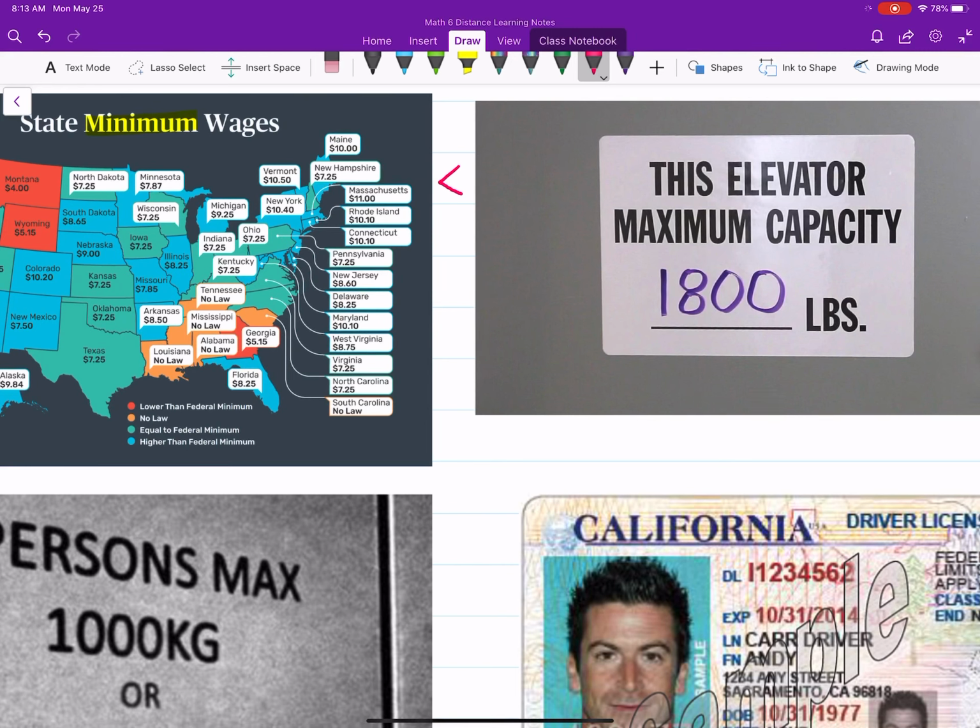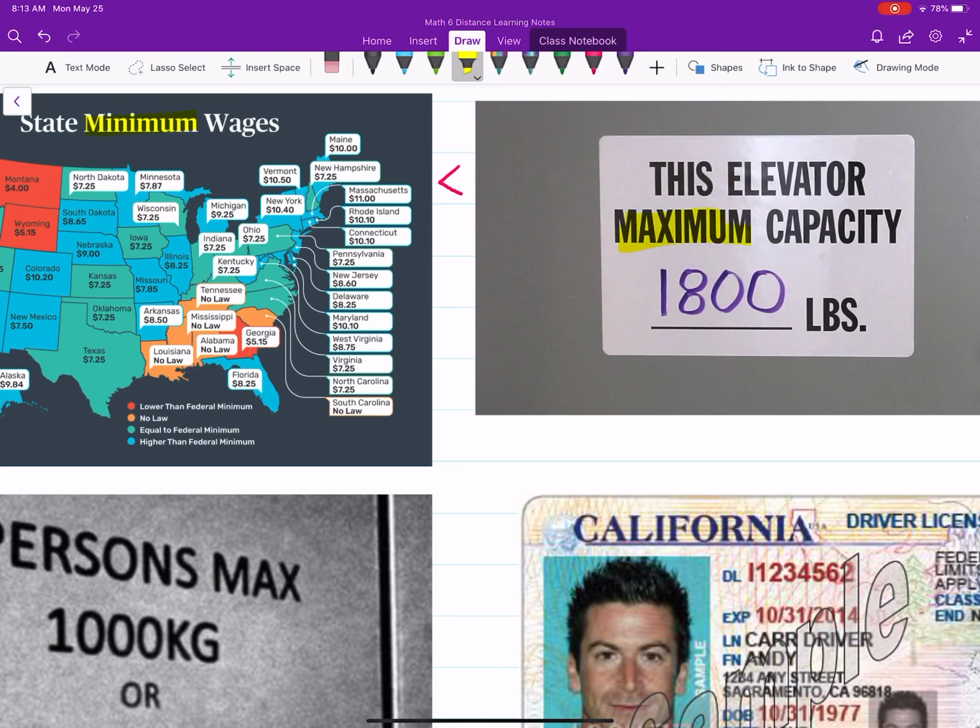Then the next one was this elevator's maximum capacity. So now you're using the word maximum. The maximum capacity is 1,800 pounds. That means you cannot go over 1,800 pounds. It doesn't mean it has to be equal to 1,800 pounds.